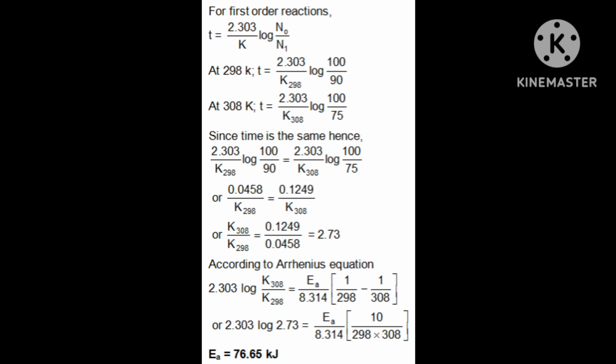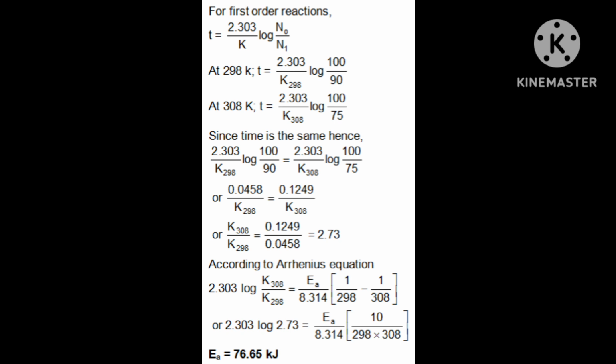Then K is equal to, if you want to know the value of K, this is another form of K. K is equal to 2.303 divided by T2 minus T1, log R divided by R0.